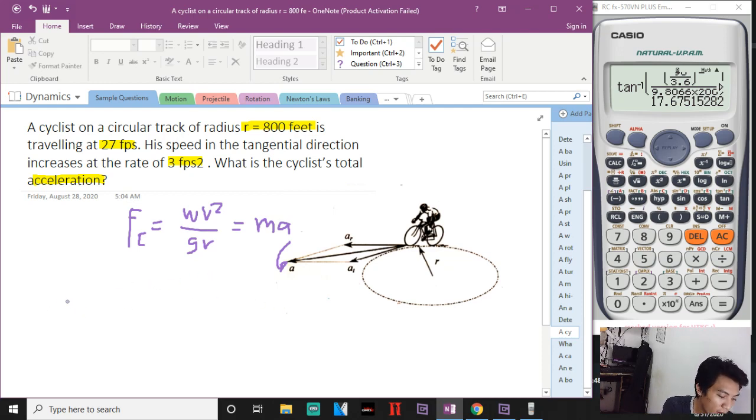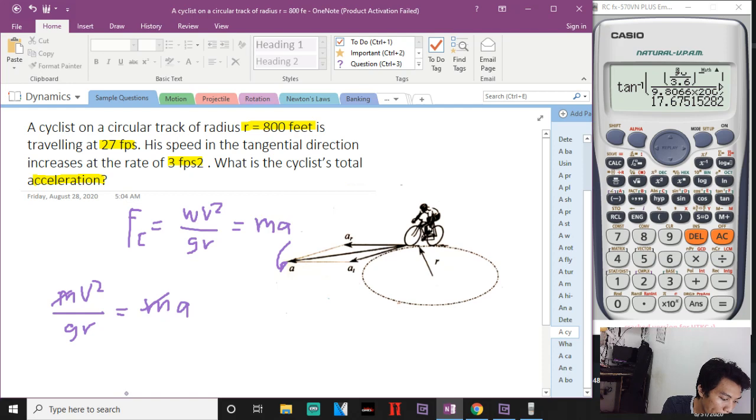Paano natin magawa? All you have to do is simplify natin. Divide the m v squared over R. Tapos mass times acceleration. Cancel natin to.